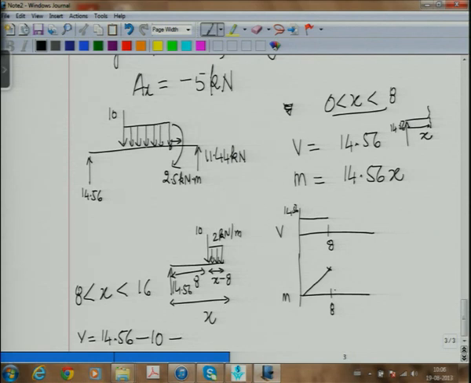So, what is this effective load? 2 multiplied by x minus 8. So, therefore, we will put it as minus 2 multiplied by x minus 8. So, this is our shear force.